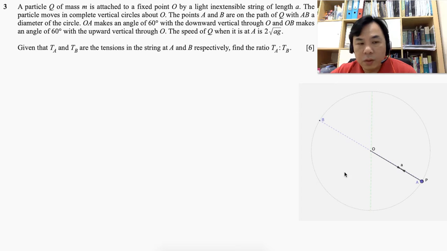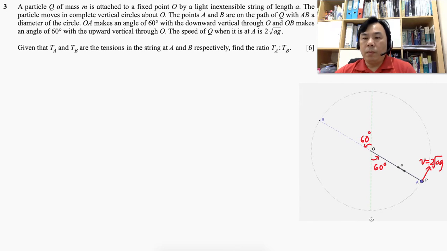So the linear speed, which we are talking about here, is √(2ag). I hope that's clear. And then the 60 degrees is given as such here.